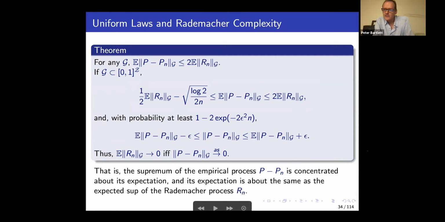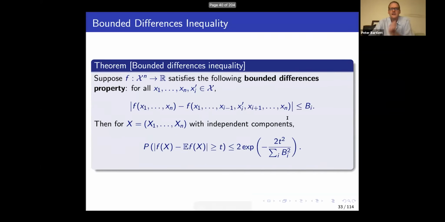To apply the bounded differences inequality, is there any distribution assumption for the x_i's such as sub-Gaussian? No, so the crucial assumption here, let me go back to this. I guess we need these to be independent, the x_1 through x_n. But it's the sort of tails or scale of the values of the function that's important here.